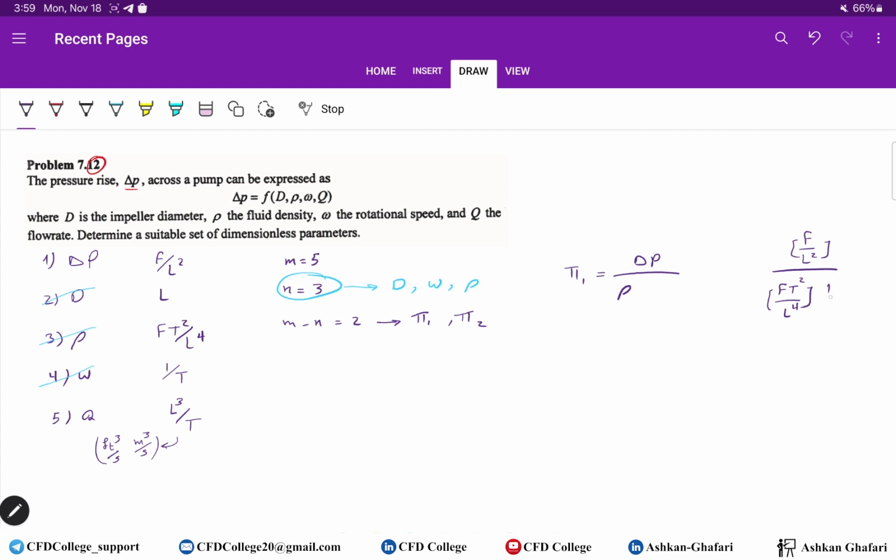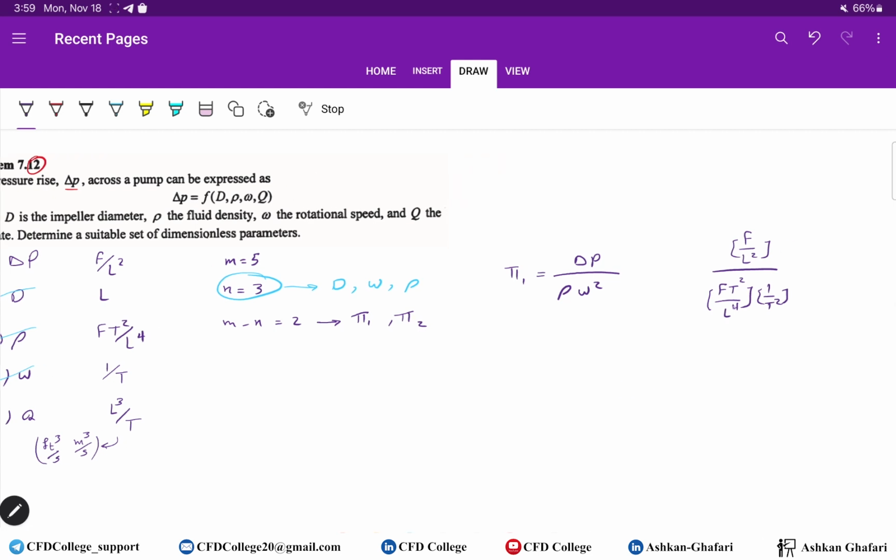So we need 1 over T square, which means omega square. And we have L square because we have L square here, L to the power 4 there. If I put L square here, which means D square, we have found our first dimensionless group.